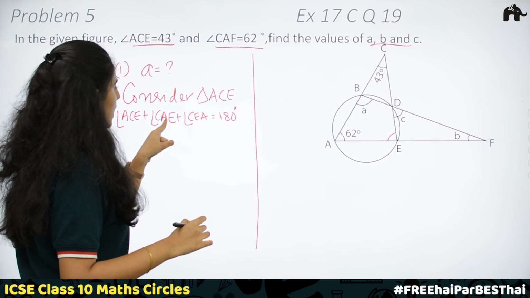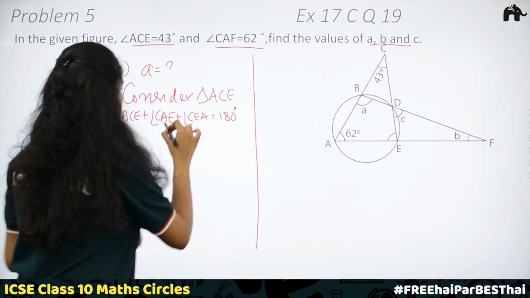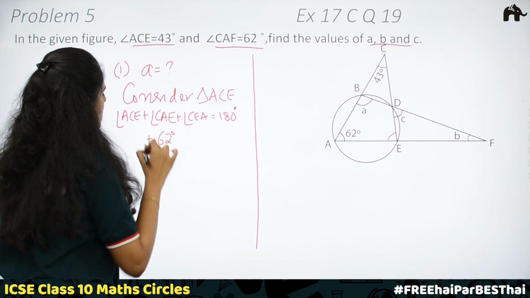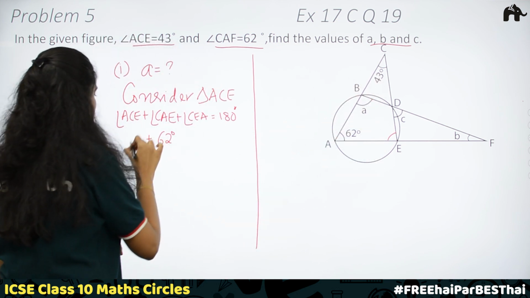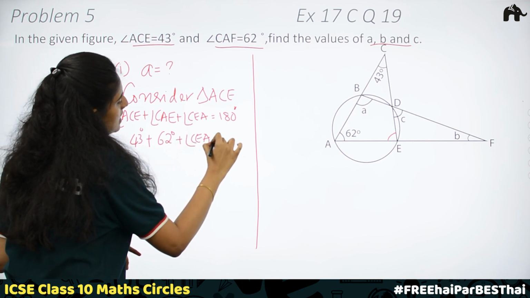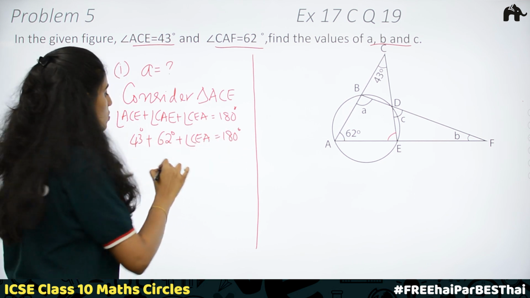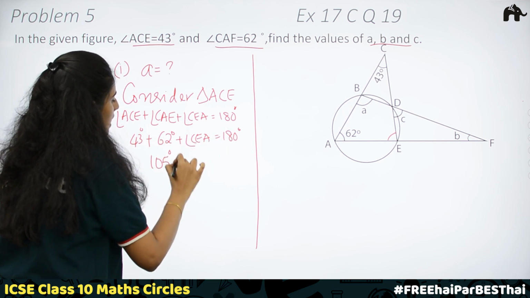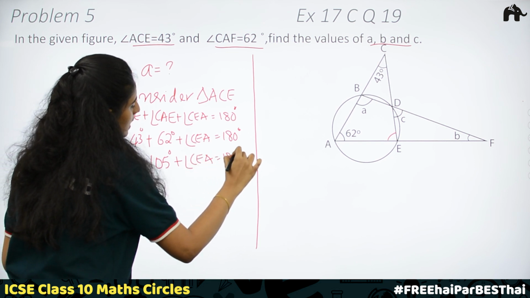CAE is 62 degrees plus ACE is given, which is 43 degrees plus angle CEA is equal to 180 degrees. 43 plus 62 we get 105 degrees plus angle CEA is equal to 180 degrees.